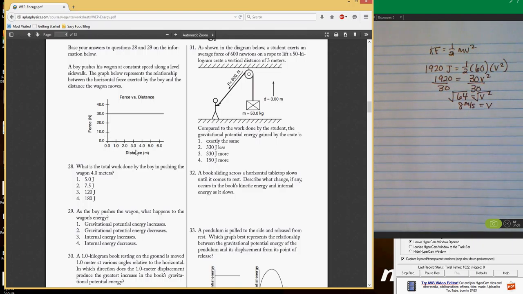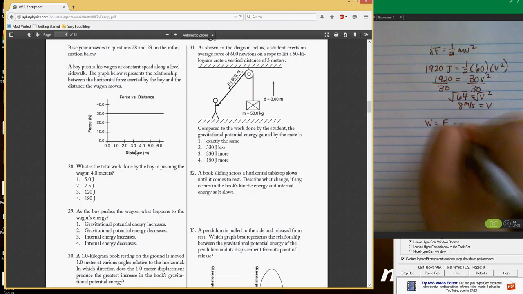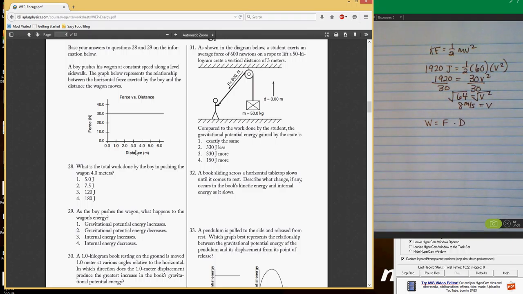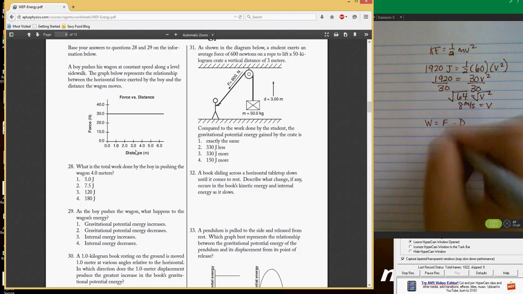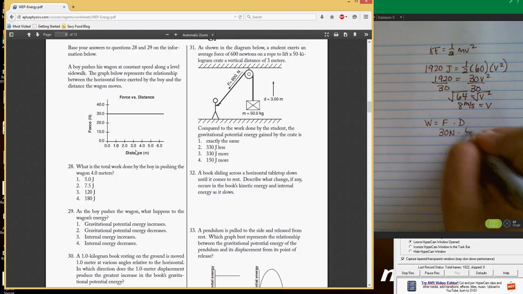Remember, work is equal to the force times the distance. The total amount of force that we have is 30 newtons, which is constant. 30 newtons of force is being applied over a distance of 4 meters in this case. And so that means that it is 120 joules.